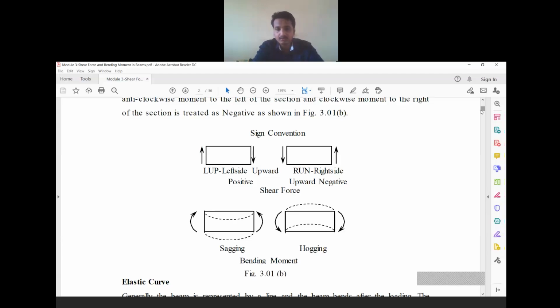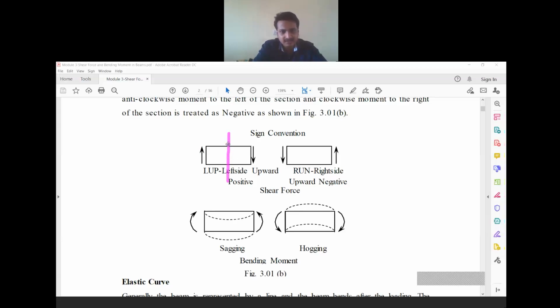Now, while drawing the bending moment diagrams and the shear forces, we have to keep certain things in mind. That means sign convention is very, very important. Consider this as a beam and I am taking this as a section.